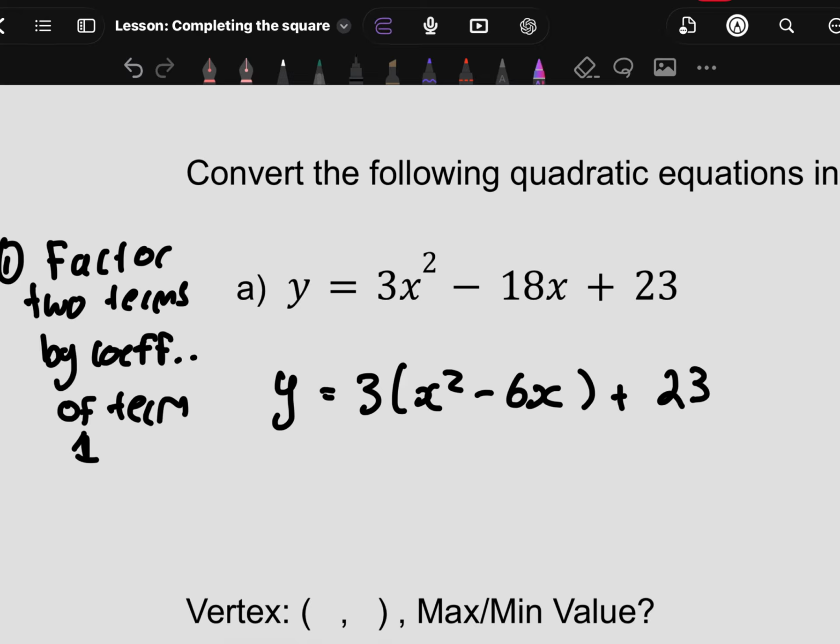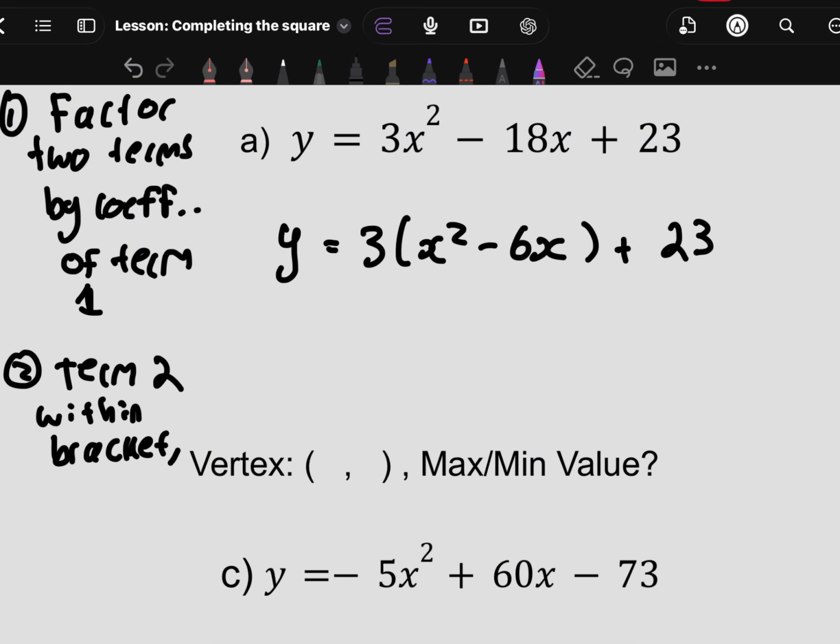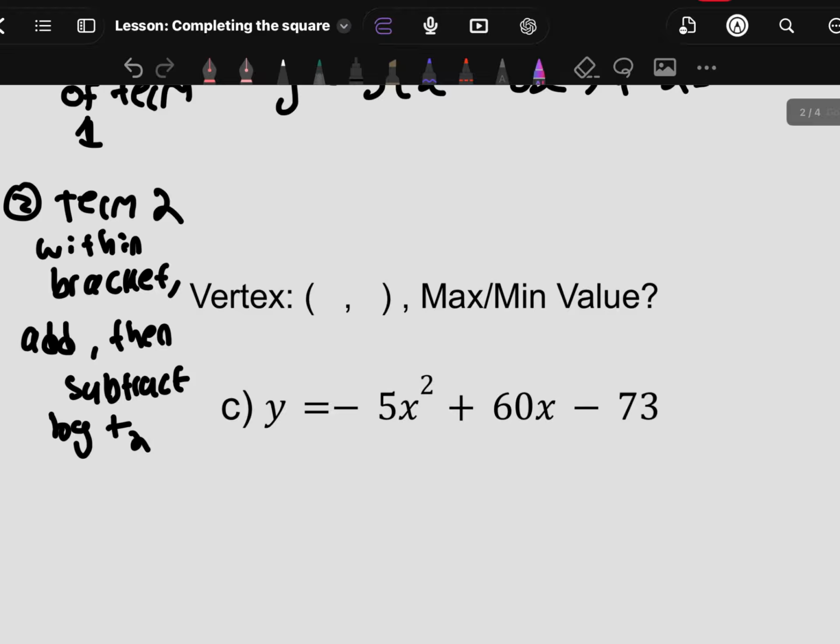From here, you might be wondering why we don't factor out the x. The reason is this next step: take term 2 within the bracket, add, then subtract term 2 divided by 2, squared.